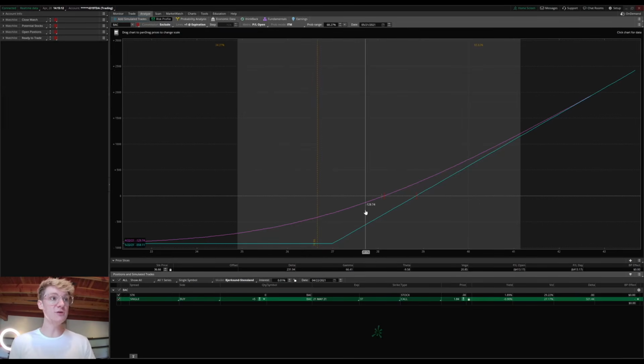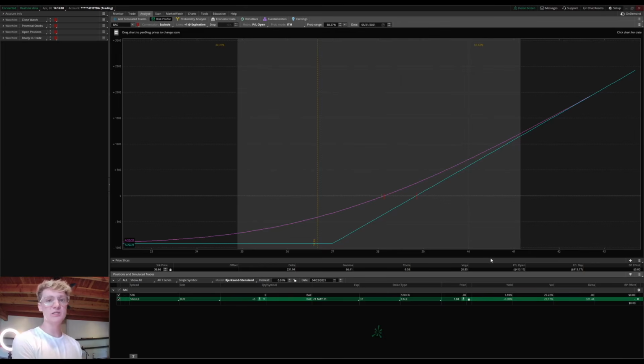So you can see, if we ended up selling off and we got this move towards the downside and your stop was at 36.66 or whatever it may be, you're looking at a negative $413 move on these contracts. So you're going to be down $413. That's your downside risk.